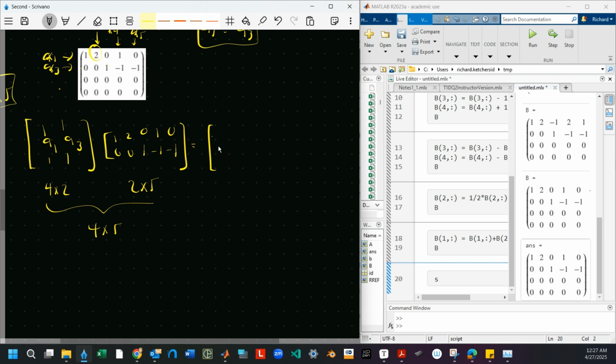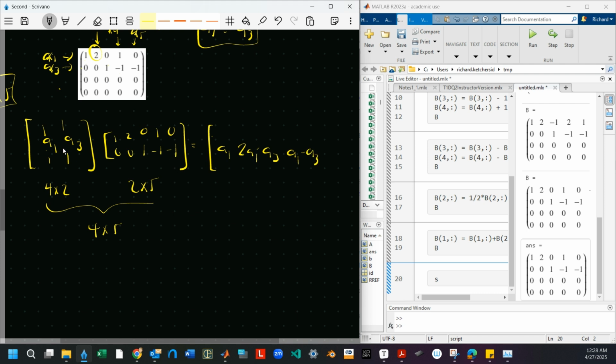So what I get for the first column here is the linear combination of these two things given by this first column. So I get A1 plus 0 A3, so I just get A1. And then for the next column I get 2A1. For the next column I get A3. And then for the next column I get A1 minus A3.